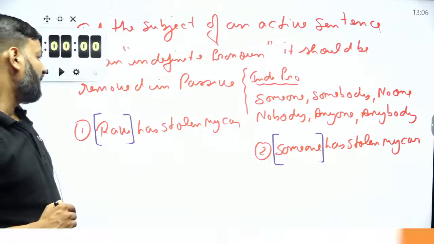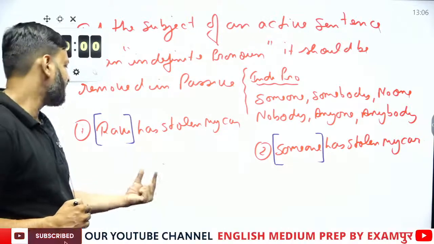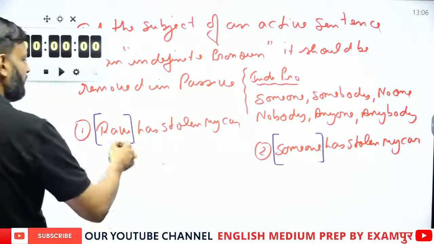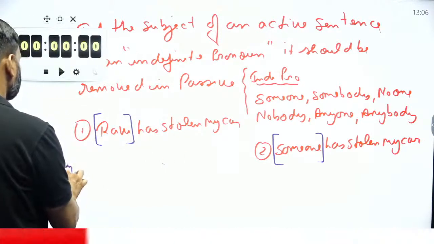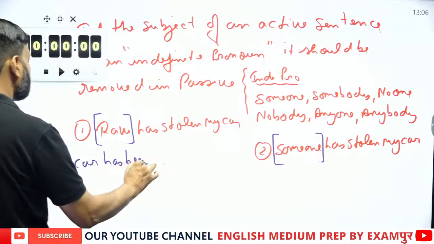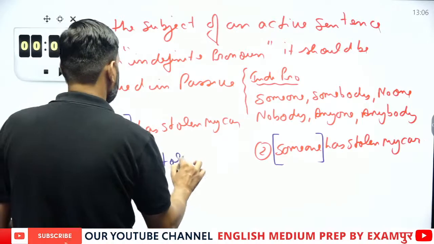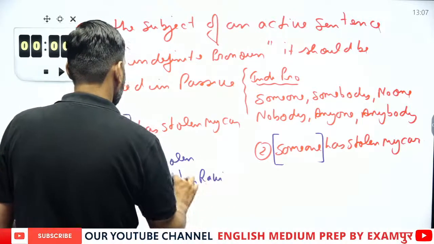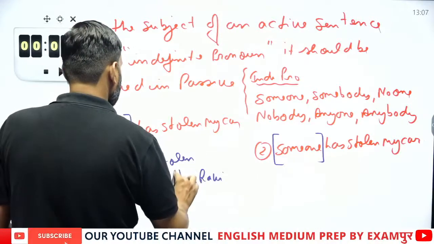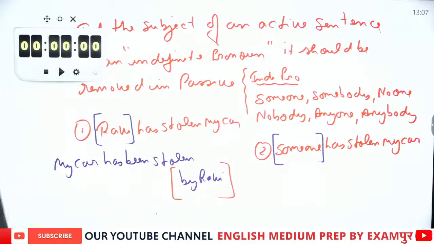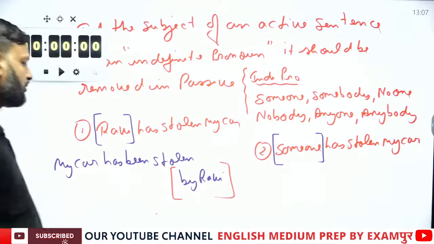When we transform the first sentence into passive, the subject Ravi becomes the object: my car has been stolen by Ravi. So here the subject of the active sentence becomes the object. My car has been stolen by Ravi.